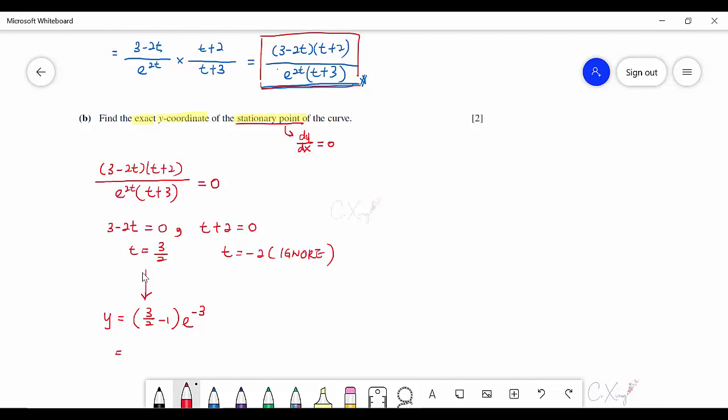Then, further simplifying, you will have 1 over 2e power 3, or you can keep your answer as 1 over 2, then e power negative 3. Both answers are accepted, but keep your answer in this form so that it remains the exact y coordinate.